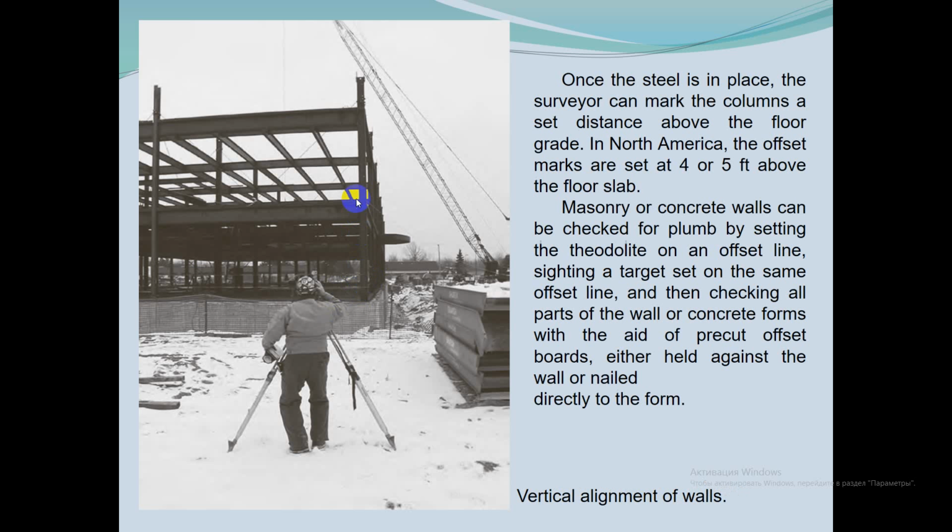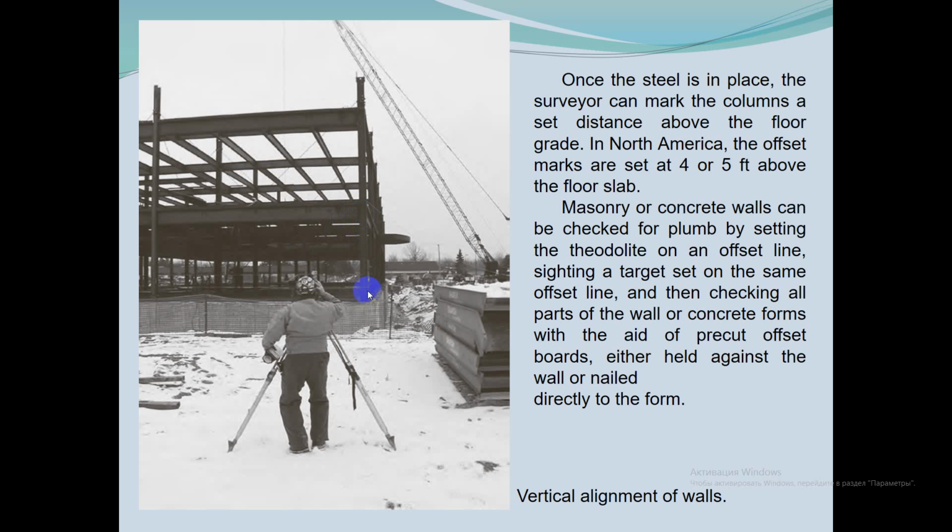Once the steel is in place, the surveyor can mark the column a set distance above the floor grade. In North America, the offset marks are set at 4 or 5 feet above the floor slab.